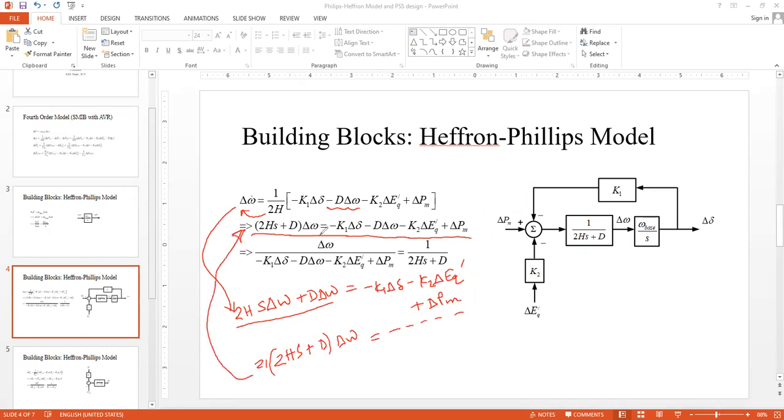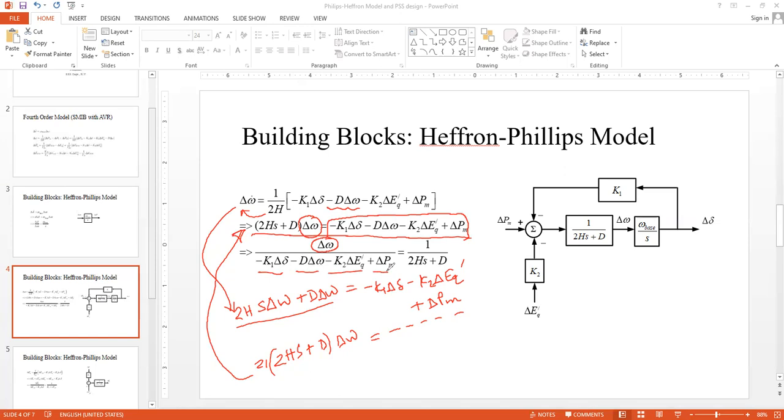Then I'm taking a transfer function representation between this del omega, which is now the output, divided by whatever I have here, minus k1 del delta minus D del omega minus k2 del eq prime plus del pm.